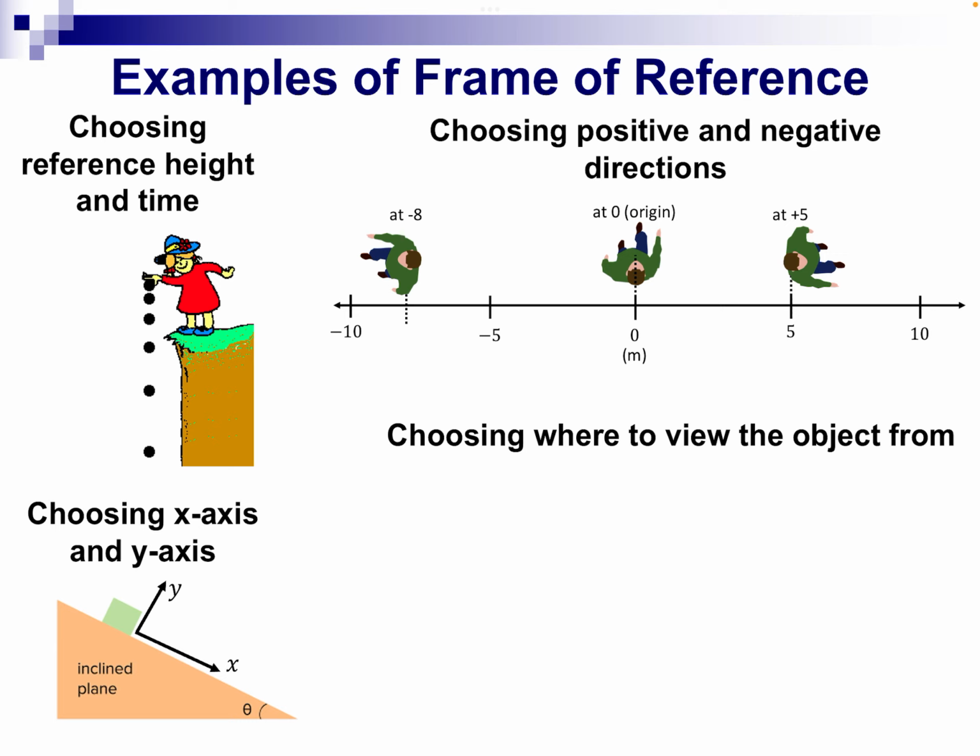Okay. This slide illustrates some examples of frames of reference. We actually already encountered some of them in our first week's lecture. So for example, you have here a free-falling object. If you drop an object from a certain height, you are free to choose the reference for which you will set the y where y is equal to 0.